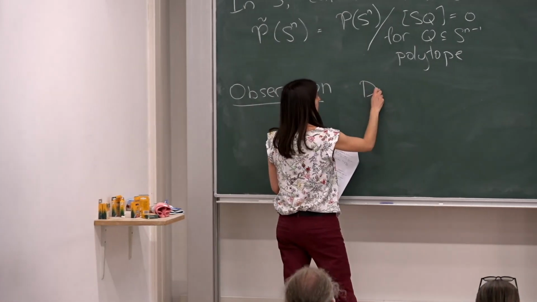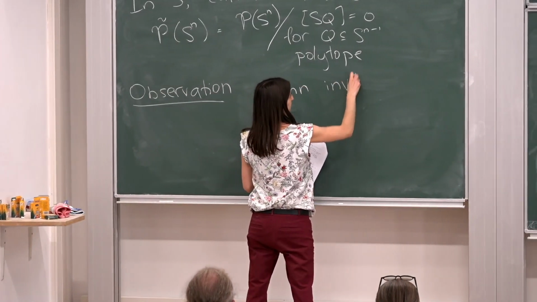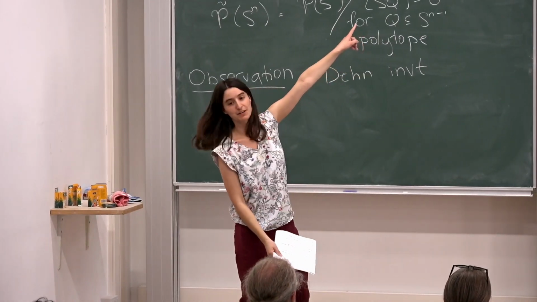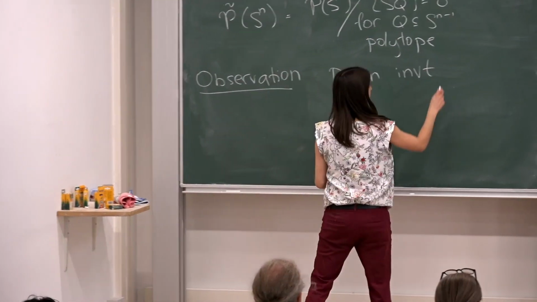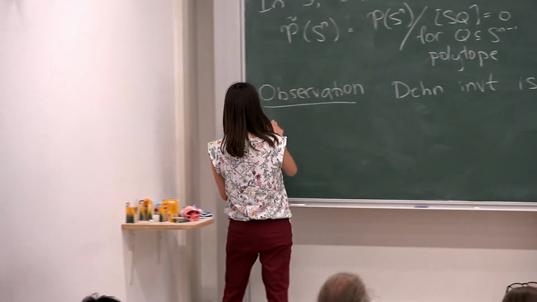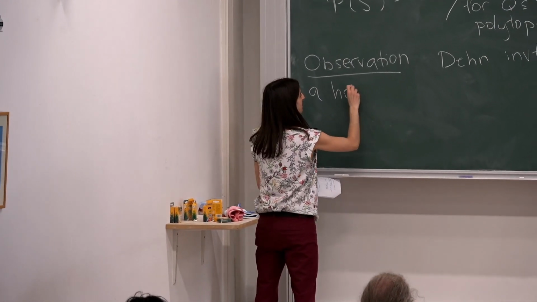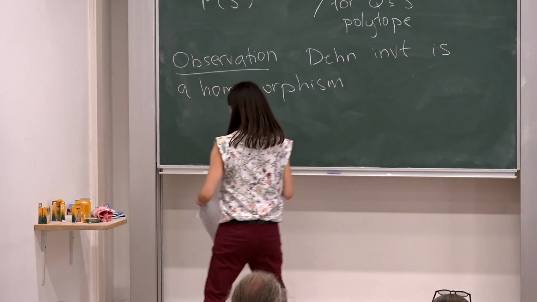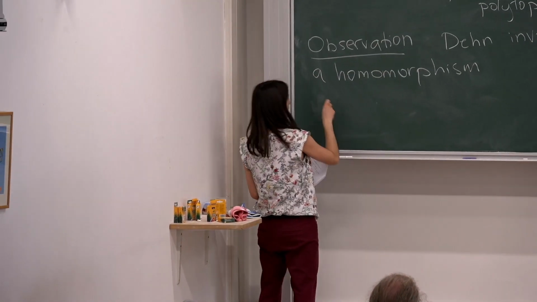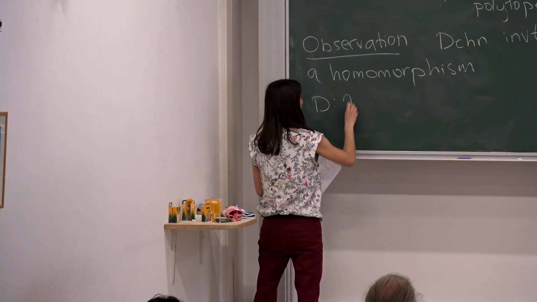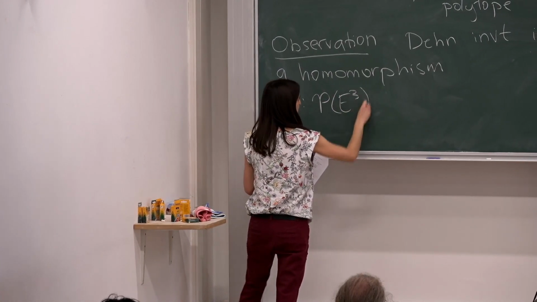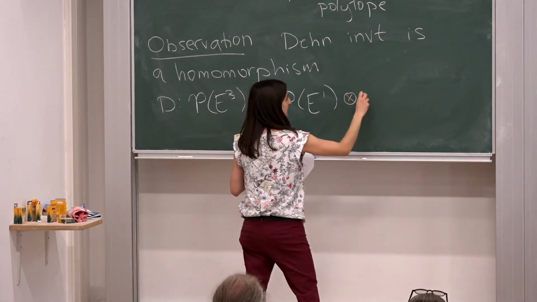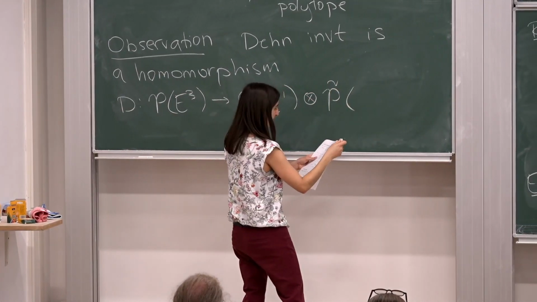The Dehn invariant over here is actually a group homomorphism that goes from P of E3 to P of E1 tensor P tilde of S1.